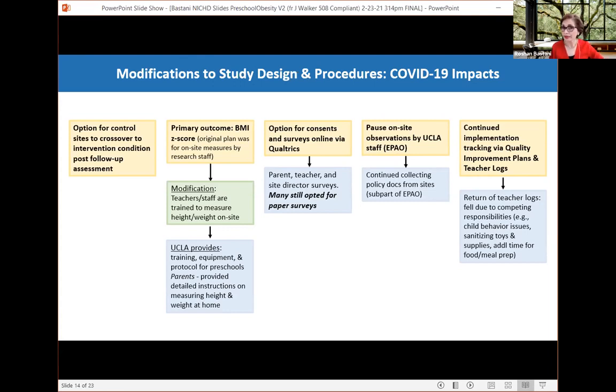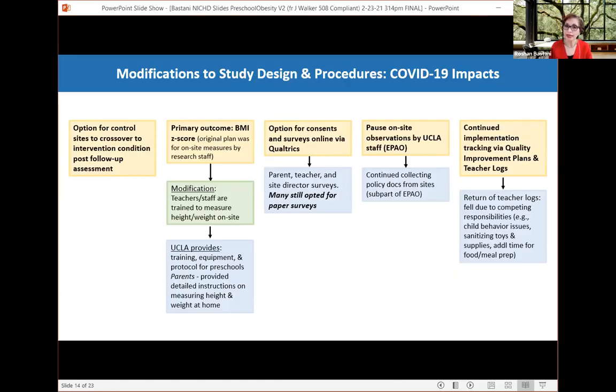We still wanted to obtain measured BMI. And so what we're doing now is providing the teachers with equipment, stadiometers, scales, calibrated, and so on, training them and asking the teachers and staff at the preschools to collect this information for us. And they're doing it, hopefully, as well as possible.